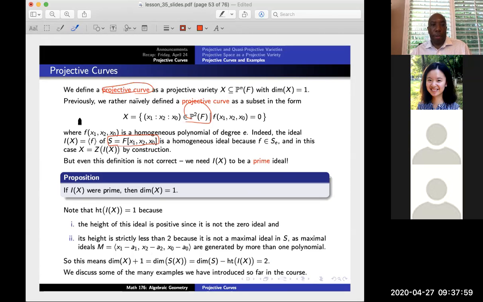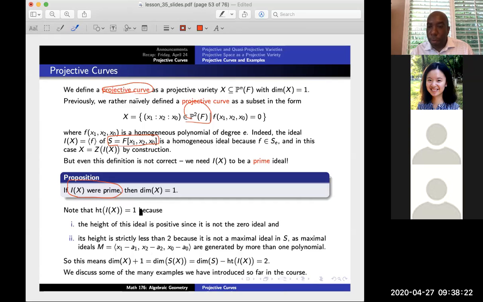Okay. Right. So the point is that our old definition, our naive definition, matches the correct definition only if I of X is a prime ideal. Okay, so it's not a proof of the proposition? Well, no, we did prove the proposition, but the point is that we have to check that I of X is a prime ideal.